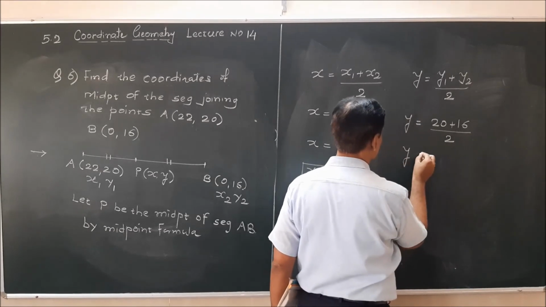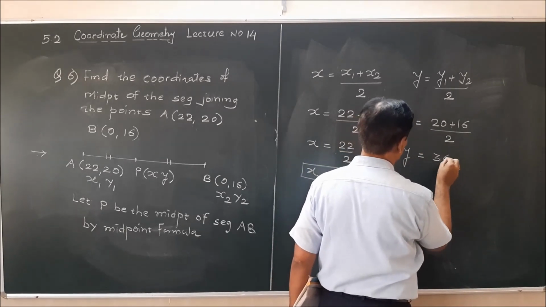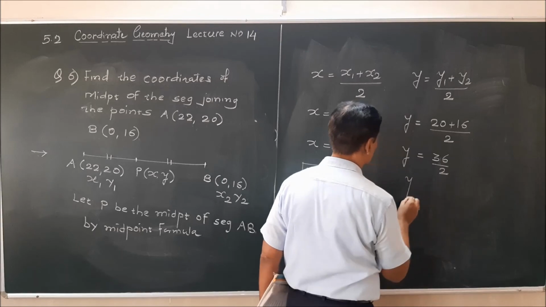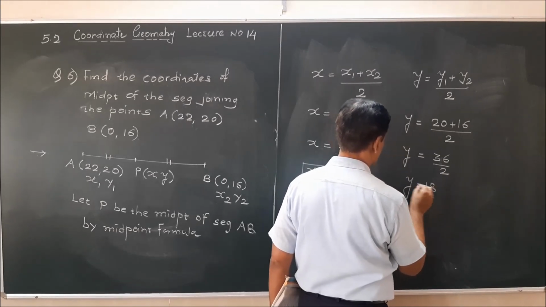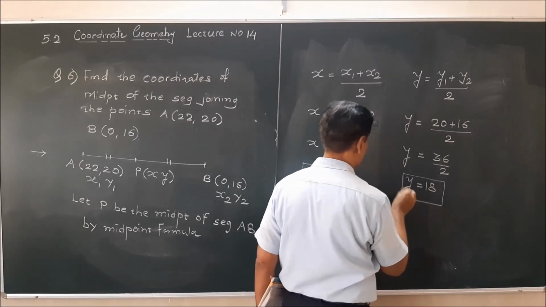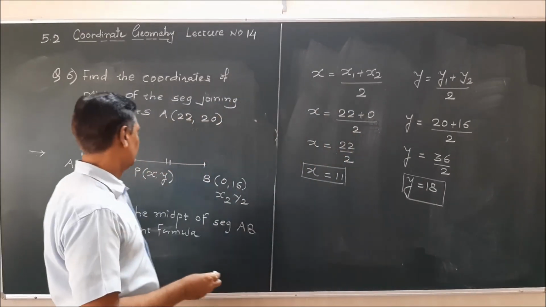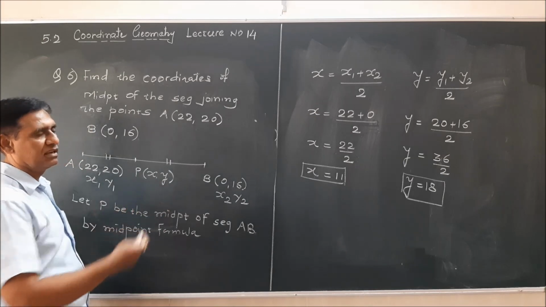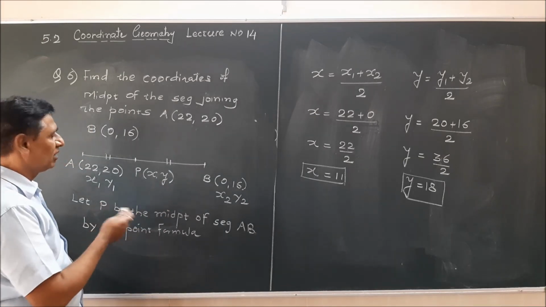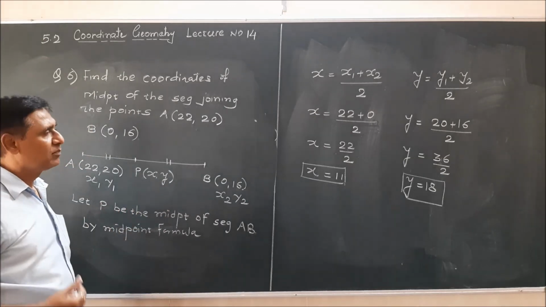So y is equal to 36 upon 2, so y is equal to 18. So this is how, dear students, you will get the coordinates of P which divides the segment AB into two equal parts. So we can say P is a midpoint.